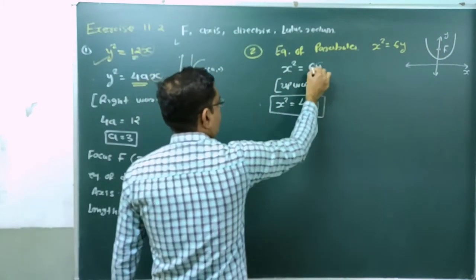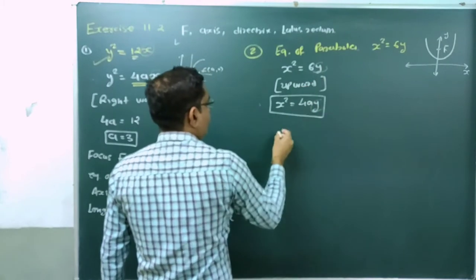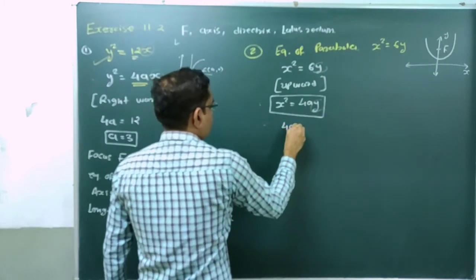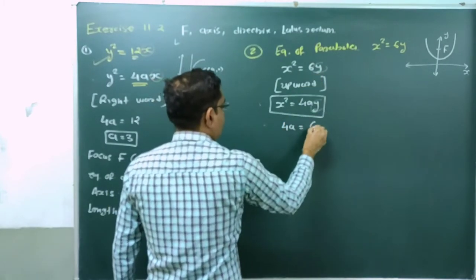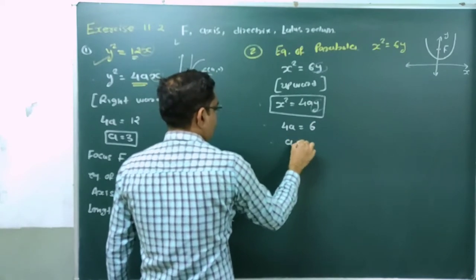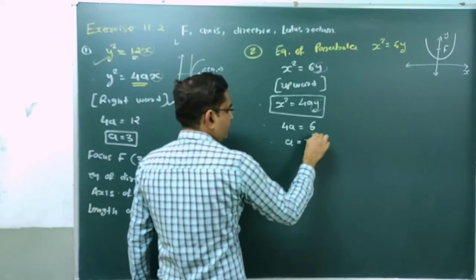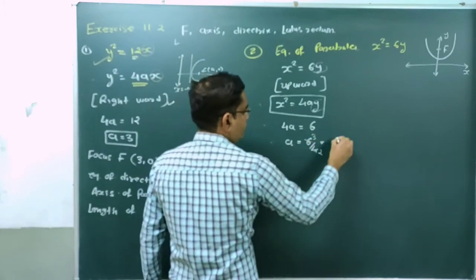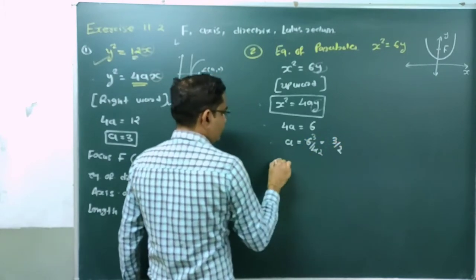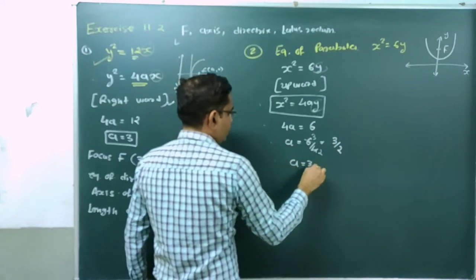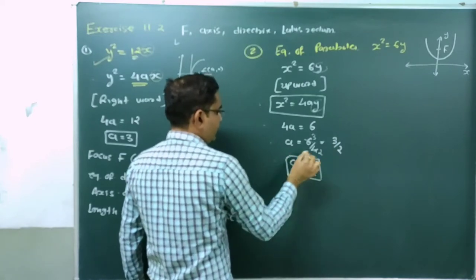Compare the coefficient of y. 4a is equal to 6, and hence we get a equal to 6 by 4, which simplifies to 3 by 2. So the value of a is 3 by 2.